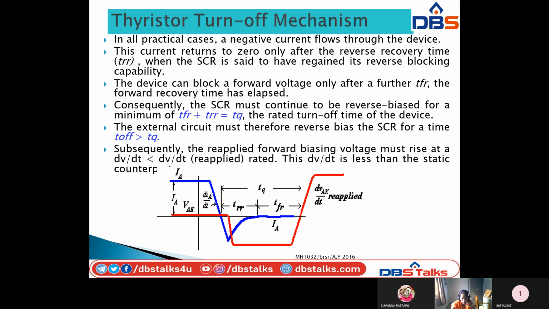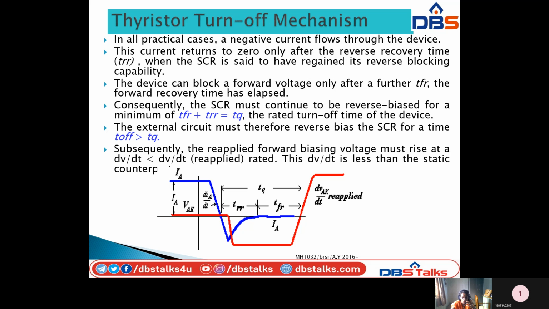The current in the reverse blocking region increases and decreases, and this is called the reverse recovery time. After the reverse recovery time, the current goes to zero. This is called the forward region, and the total time is tq.